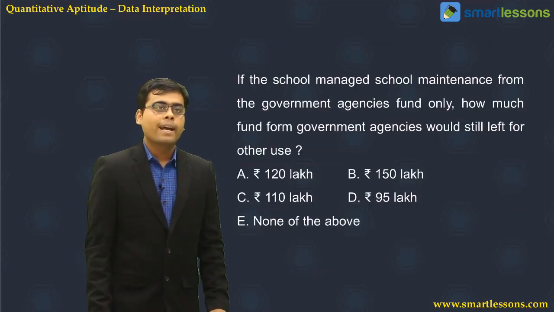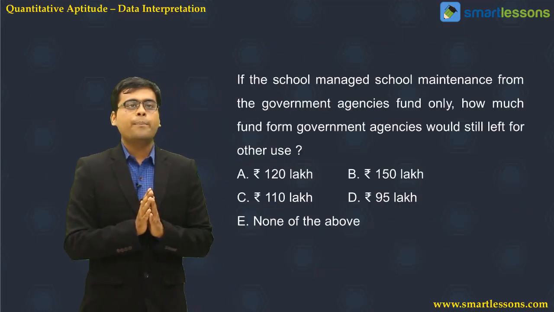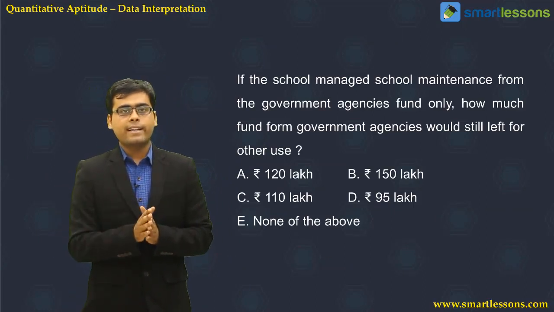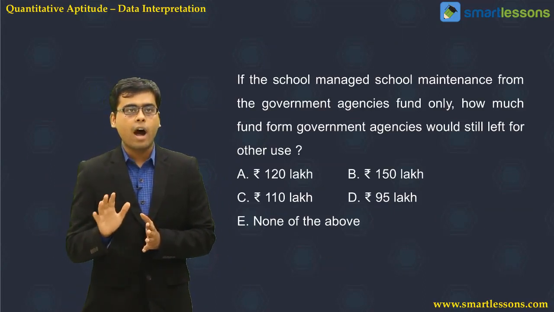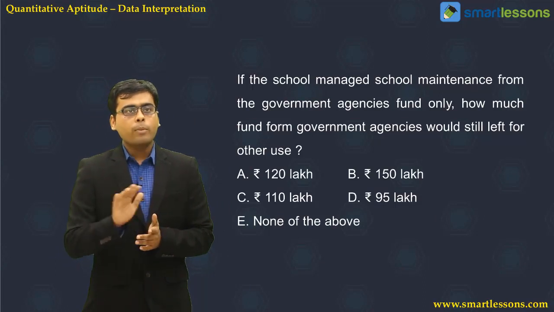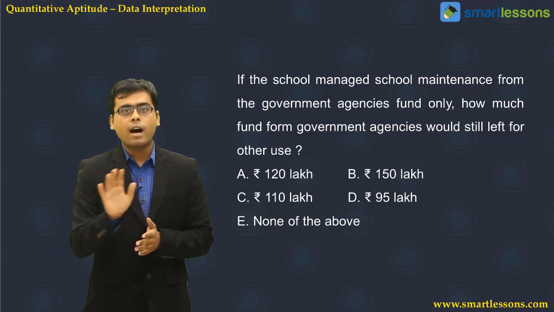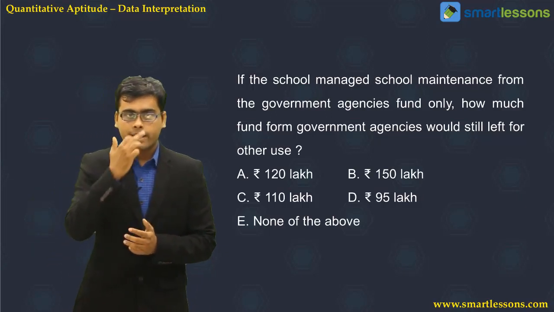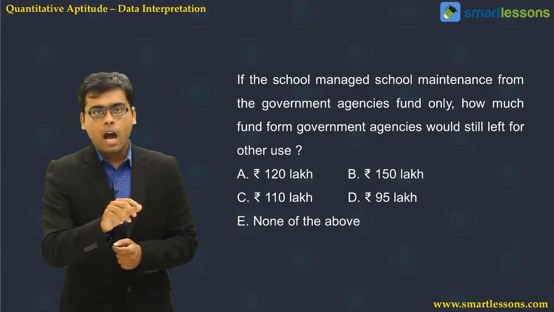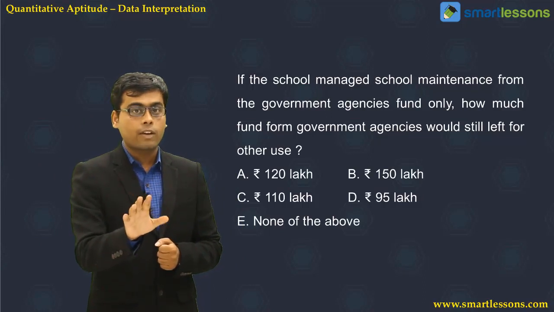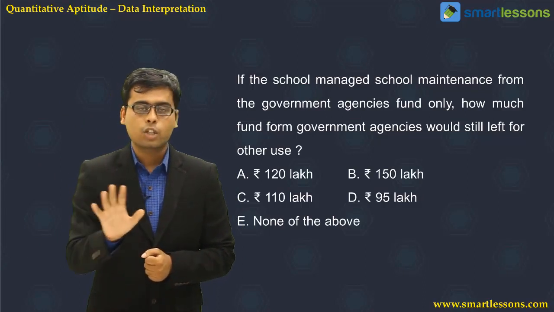Next question: if the school managed school maintenance from the government agencies fund only, how much fund from government agencies would still be left for other use? All right, so let us first calculate how much fund the school is getting from the government agencies only.